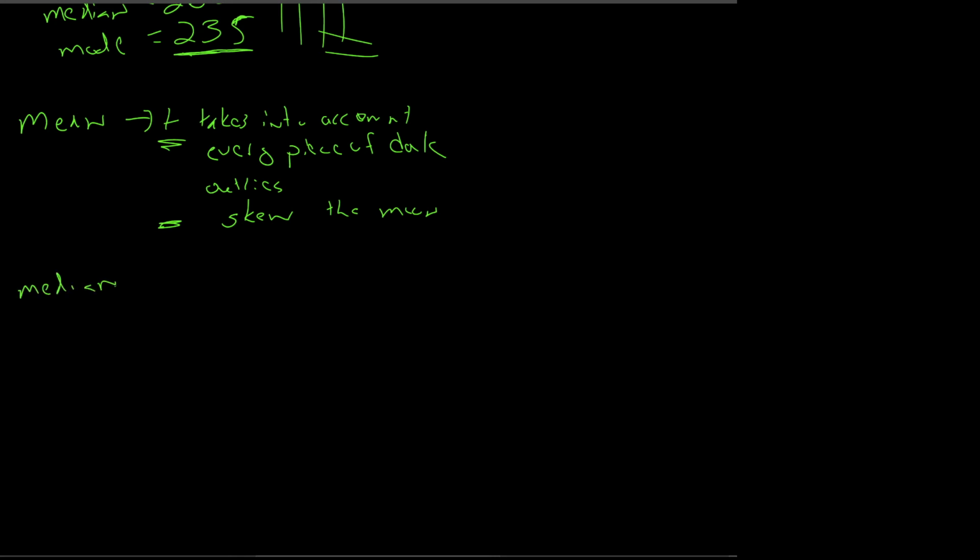The median can be affected by outliers in a different way. It can kind of show us where the true middle ground is.